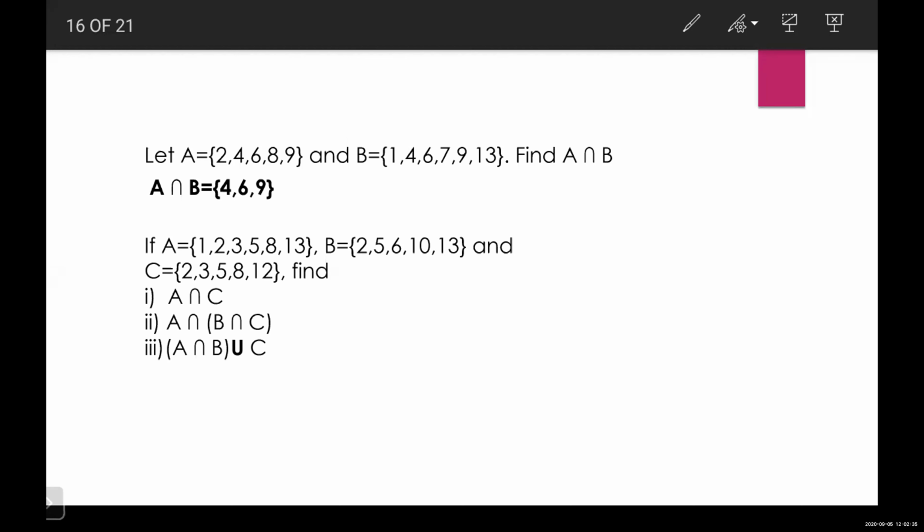Muhammad Adim, answer the third question. Adim? Aditya Siraj, answer the third question. Aditya? Wait a minute, I will see. 2, 3, 5, 8, 12. That's all.